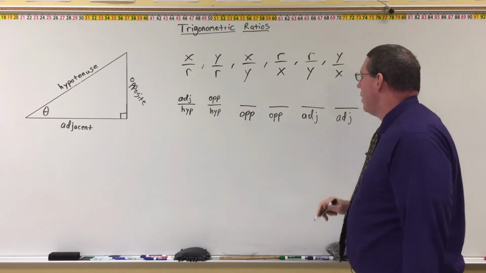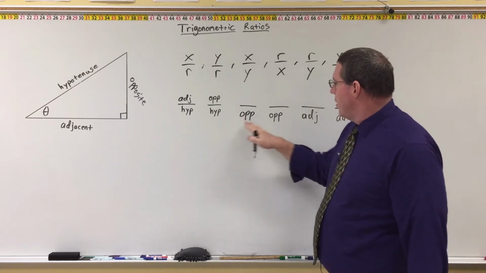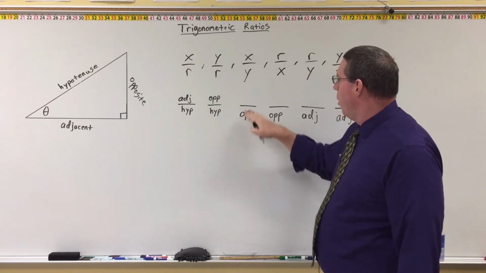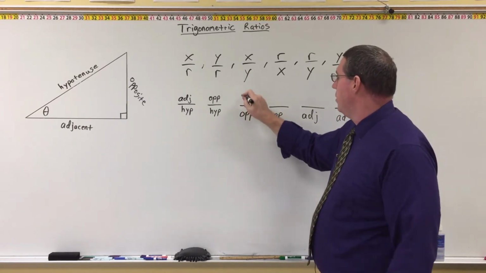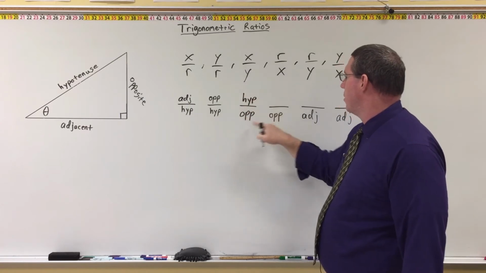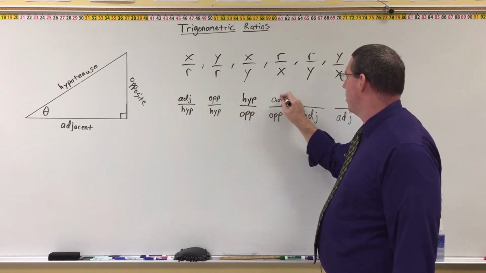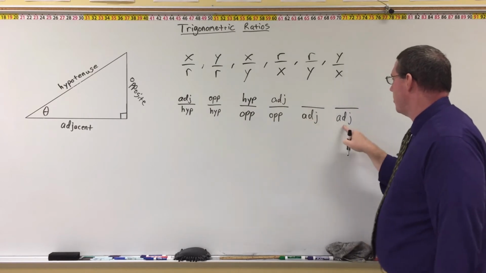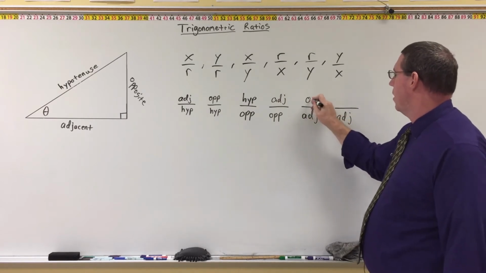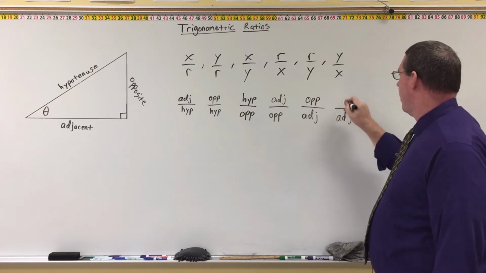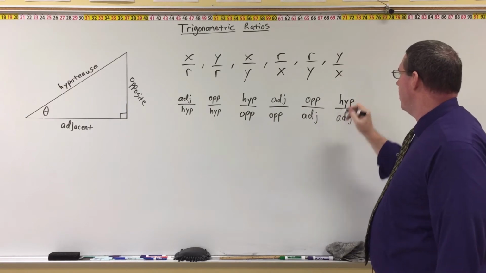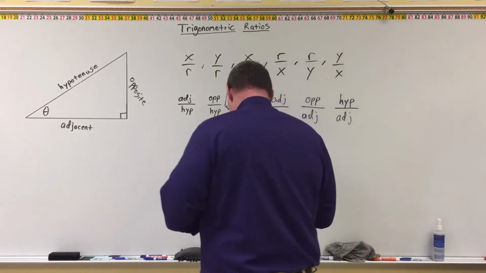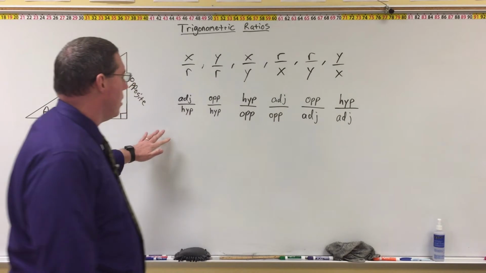If we have opposite in the denominator, one of these is going to have to be hypotenuse, and the other one adjacent. Same thing with adjacent: one of them is going to have to be opposite, and the other hypotenuse. And so here are our 6, the only 6 possibilities.